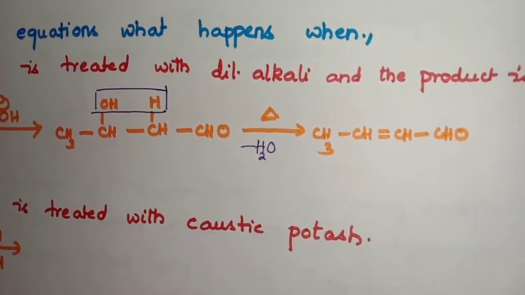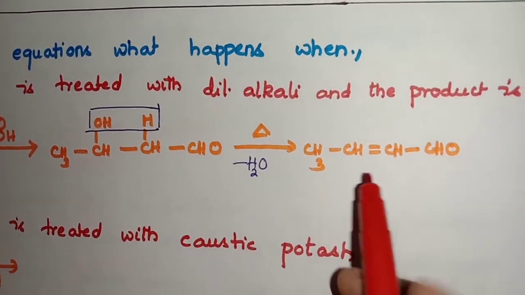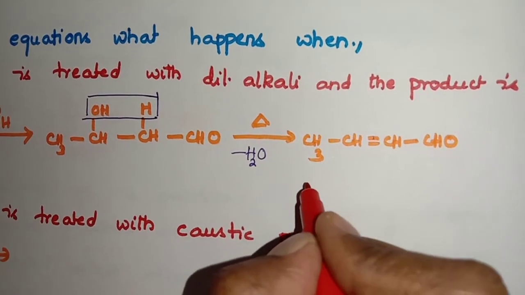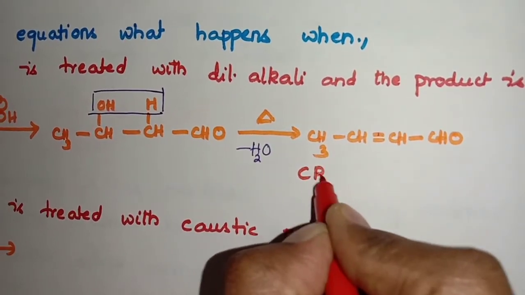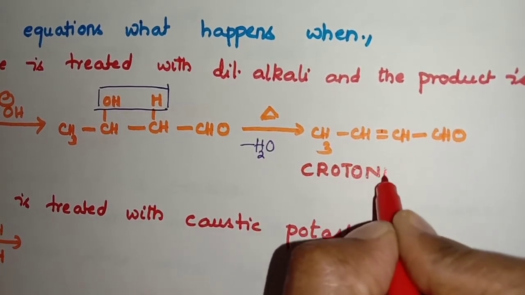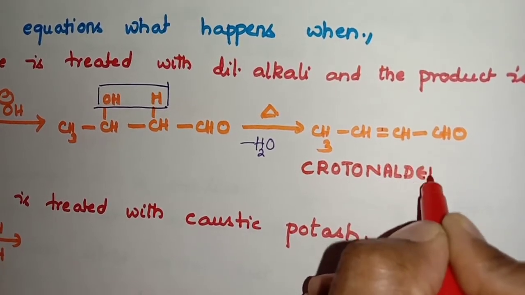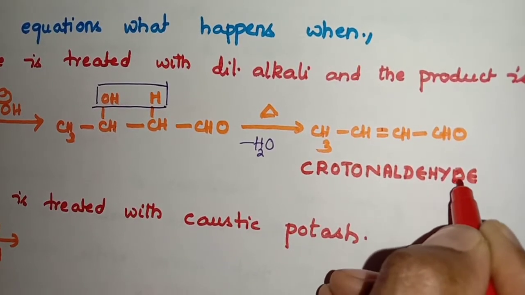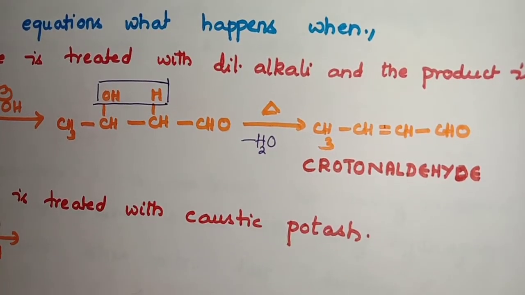So this is your answer. And this is called an alpha beta unsaturated aldehyde. It has a name called crotonaldehyde. Okay, your answer is crotonaldehyde.